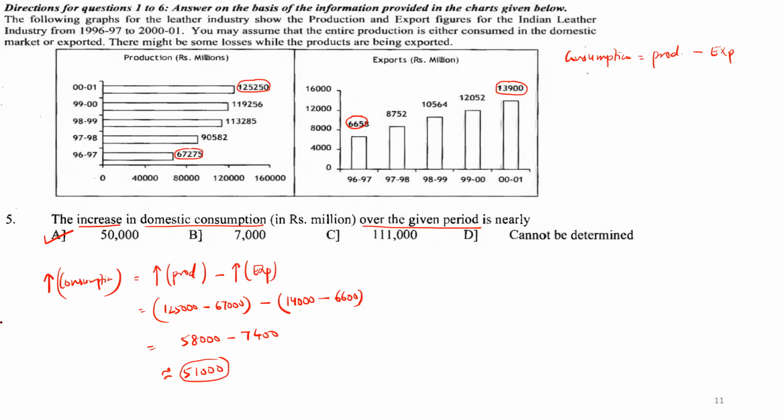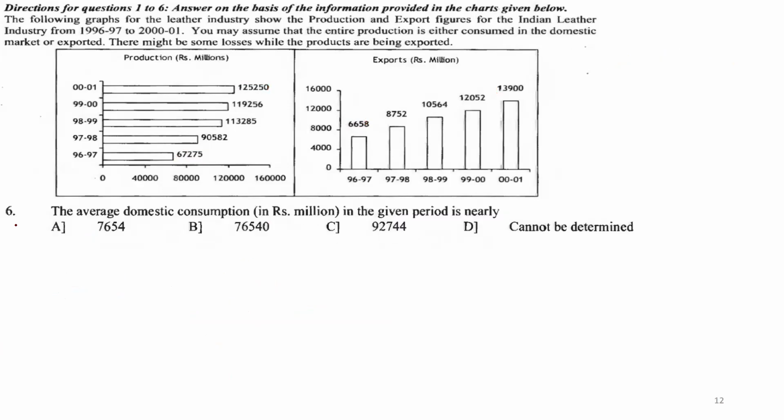Okay. And similar process you can use for question number 6 as well, because now again the question is about consumption, but this time you are calculating the average consumption. So you will say that your average consumption will be nothing but average production minus the average exports.